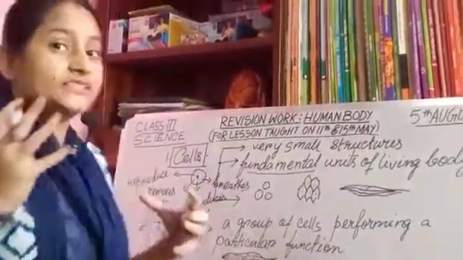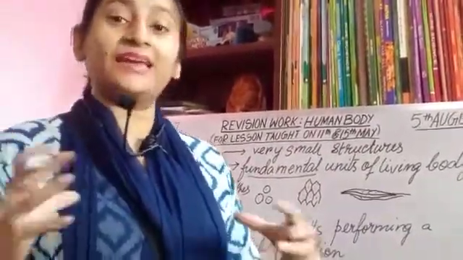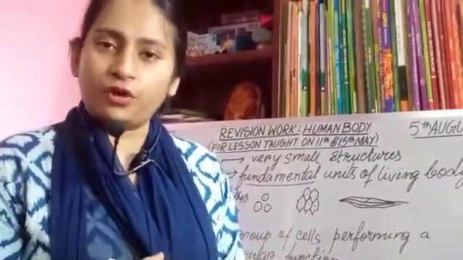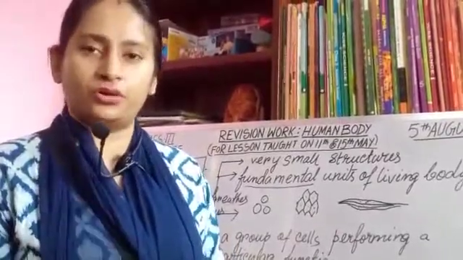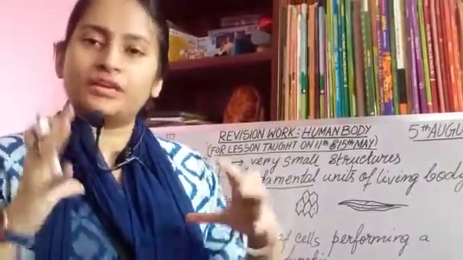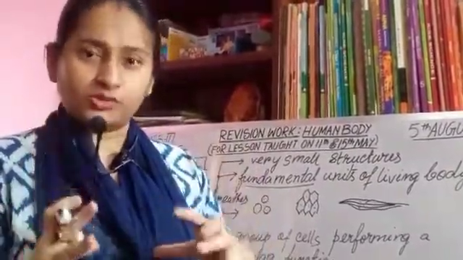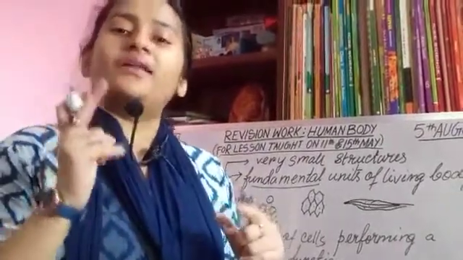Now, a set of organs again come together to perform a vital function, a particular function of our body. And at that time, we call the set of organs together an organ system.